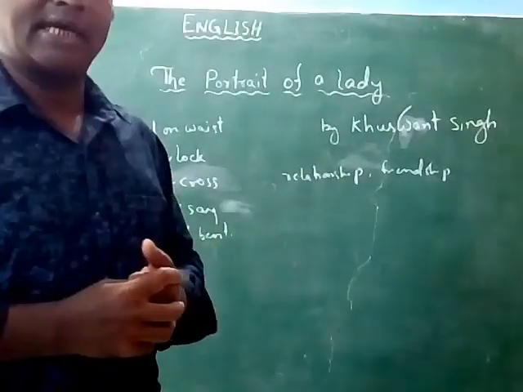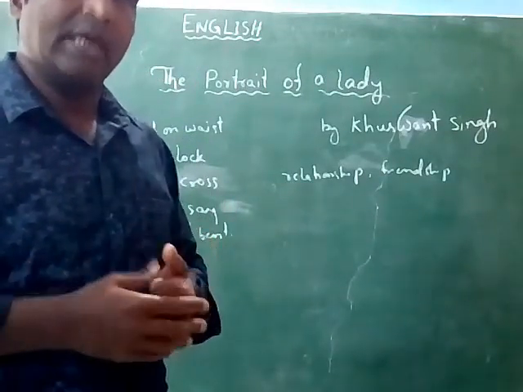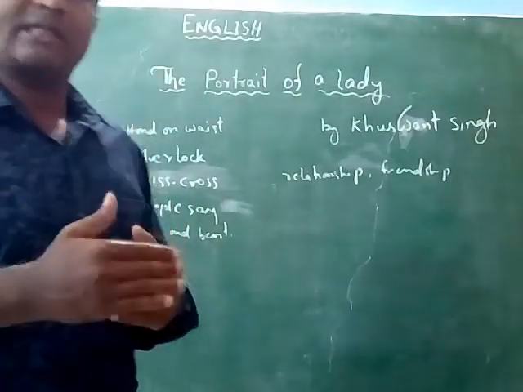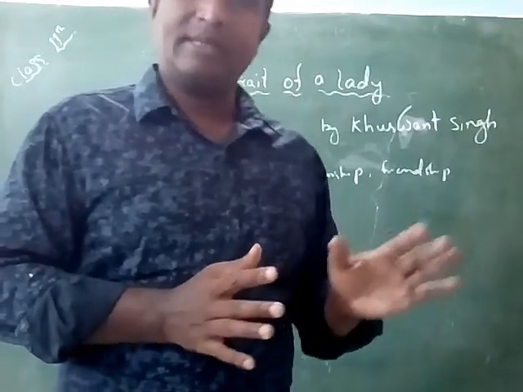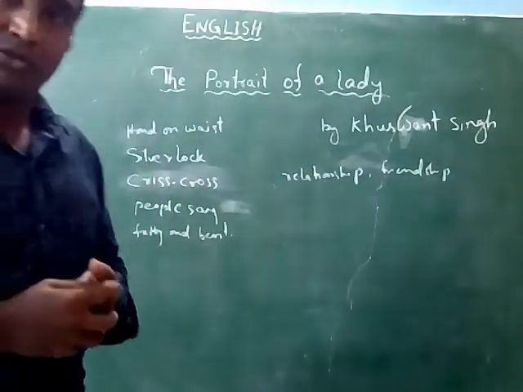This is my last contact with her. After that, I may not see her. Maybe she will be no more. He is thinking like this, but that was not so.